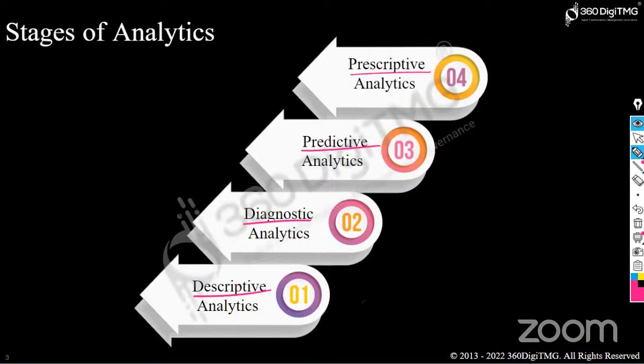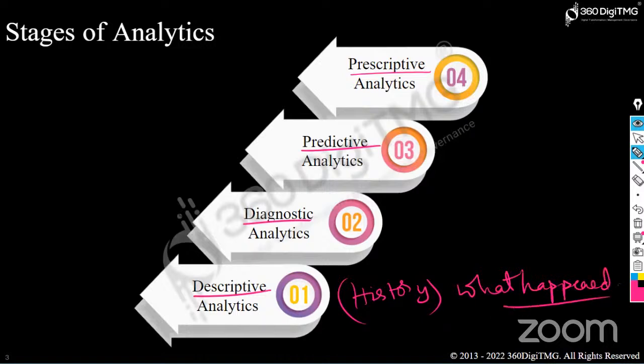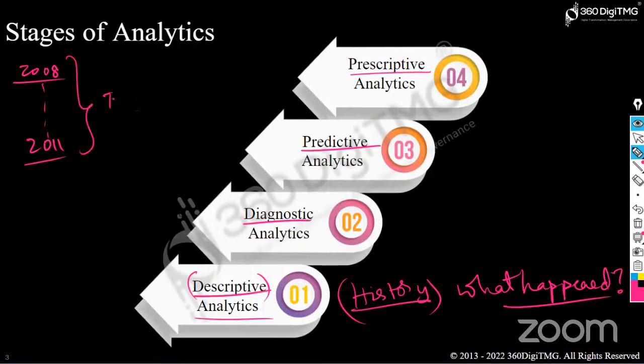Now what is descriptive analytics? Descriptive analytics is going to give the history, what happened in the previous period. So this is going to give it from the data. So we need to understand from the data, let it be from 2008 to 2011, the trades or the shares that have been made are these numbers.